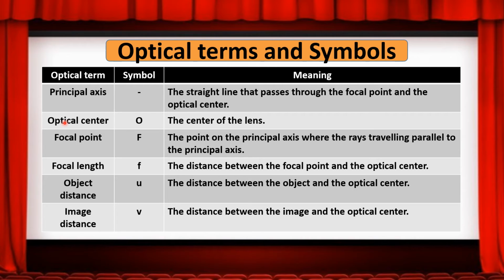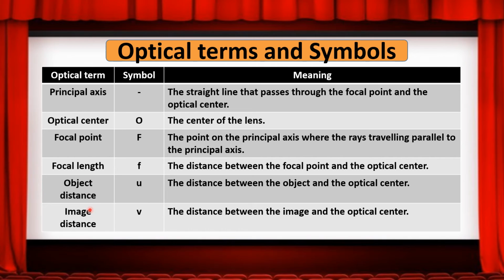Optical center, the symbol is capital letter O. This is the center of the lens. Focal point, with a capital letter F, is the point on the principal axis where the rays are traveling parallel to the principal axis. Focal length, this is small letter f. It is the distance between the focal point and the optical center.